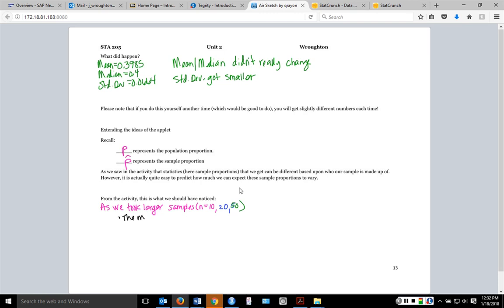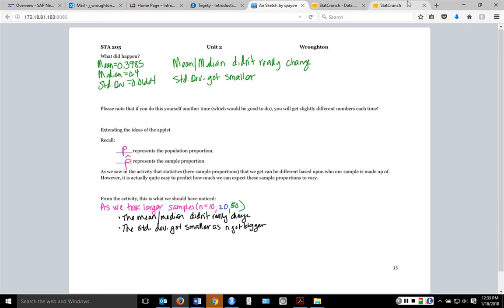The mean and median did not change much. The standard deviation got smaller as our sample got bigger. And we saw this on our graph too, that it was less spread out.